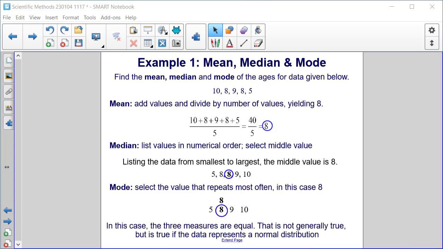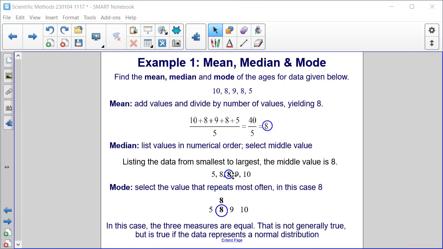So to find the mean, we add up each of the individual values, 10, 8, 9, 8, and 5. We get 40. And divide by the total number of values. So there's 1, 2, 3, 4, 5 values. Gives us a mean of 8. If I list the numbers in order from smallest to largest, I can find the median, or the middle value, is 8.